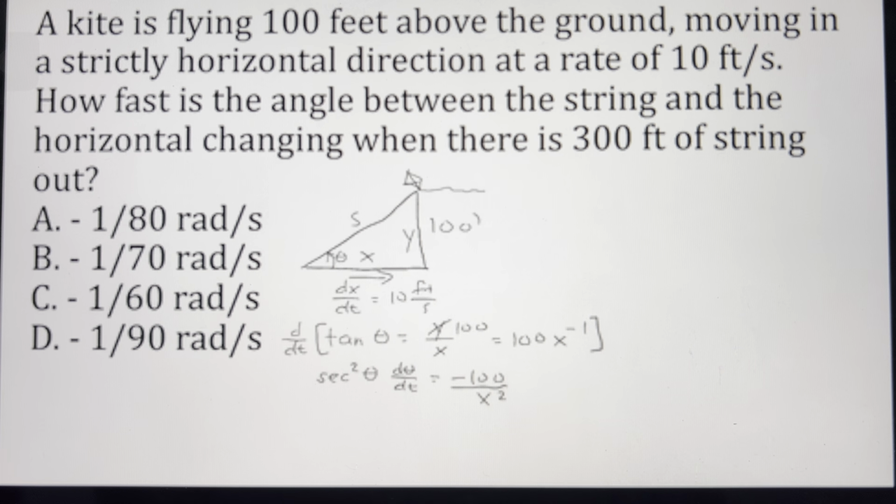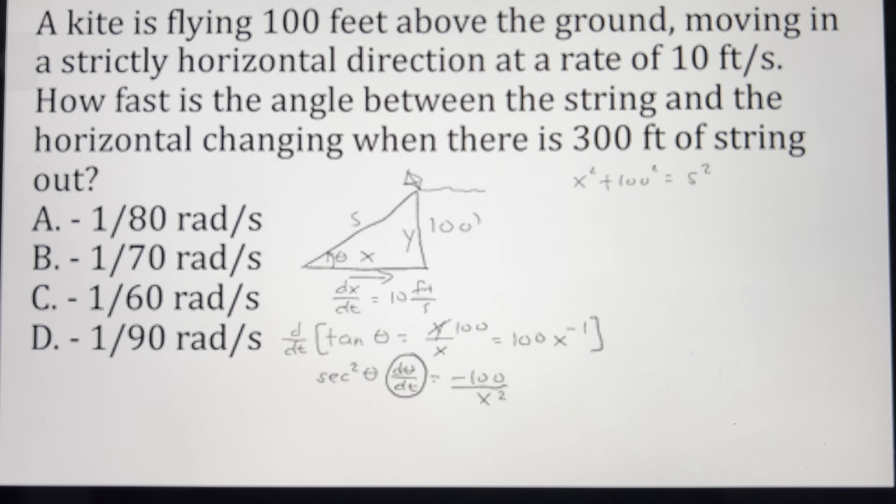So we need to find the value here of our dθ/dt. Using the Pythagorean theorem, we all know that the sum of the squares of our legs, that will be x squared plus 100 squared, and that will be s squared.